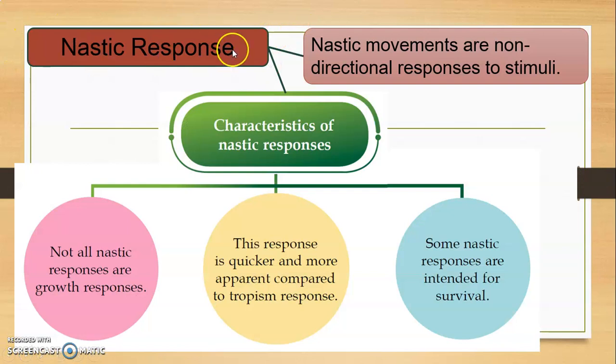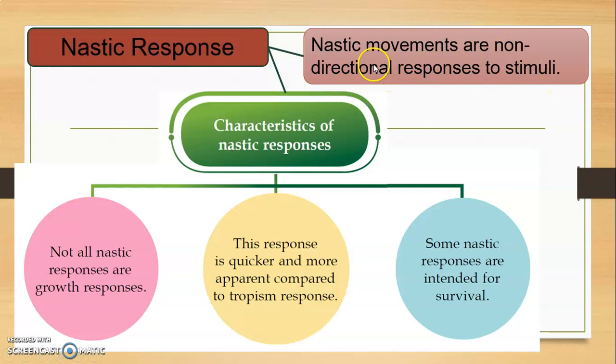Okay, we go to the Nastic, the second type of response, which is Nastic Response. Nastic Response refers to the Nastic movement. Nastic movements are non-directional responses to stimulus, or to stimuli. So non-directional.